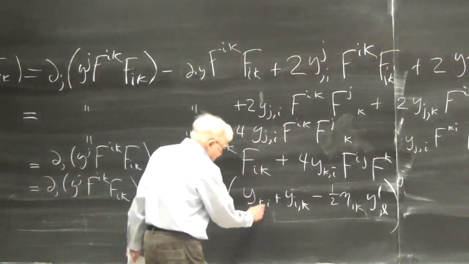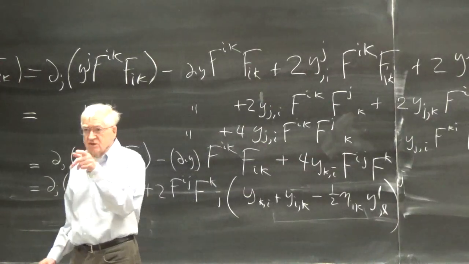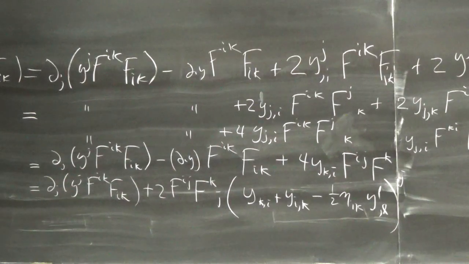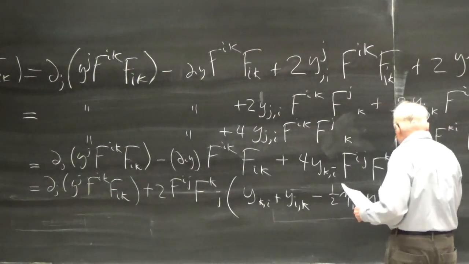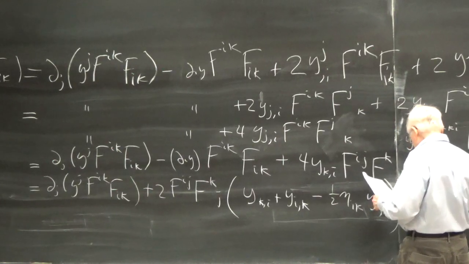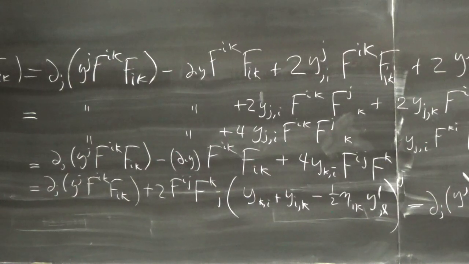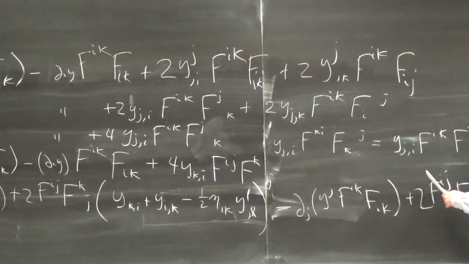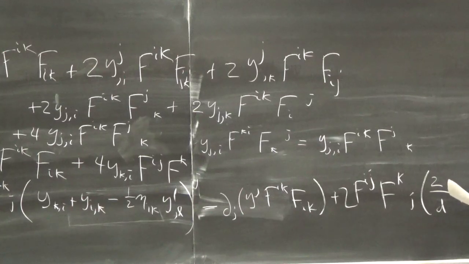Okay, so that's the expression. But now when you see this form here, you can see that if y isn't an arbitrary vector, but in fact is a killing vector, then we can use the second equation that I wrote down today, namely that this in fact is equal to partial_j of y_j f_{ik} plus 2 f_{ij} f_{kj} times 2 over d eta_{ik} y_{l,l} minus a half eta_{ik} y_{l,l}.